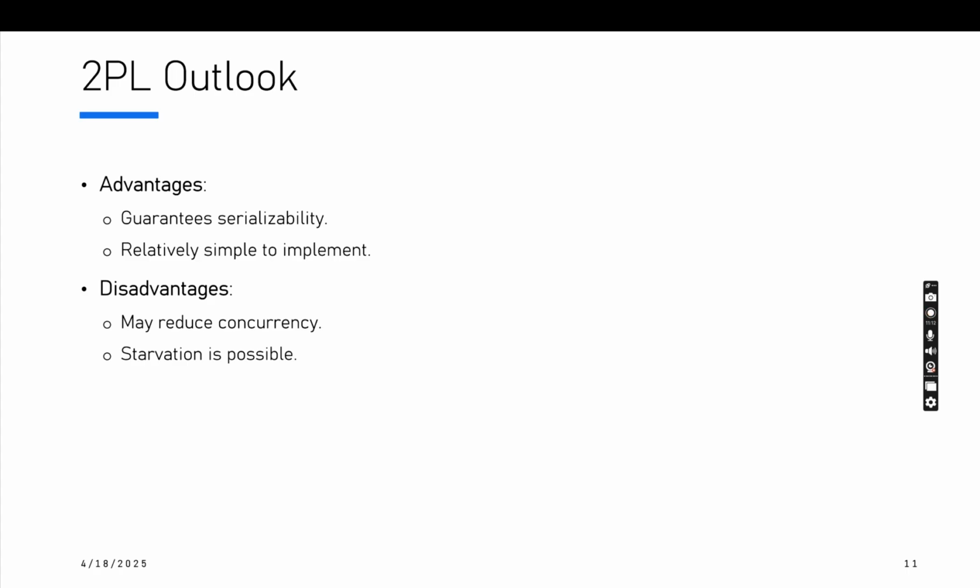Here are some of the advantages and disadvantages of using a two-phase lock. Again, it guarantees serializability, ensuring that any changes made to a shared resource are done in a specific order.